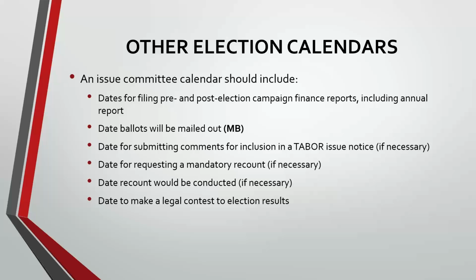And a lot of it is similar to what you would give to the candidates. The pre- and post-election campaign finance report deadlines, which are the same for candidates and committees, the date ballots are mailed out if you're doing a mail-out election, if it's a TABOR issue, the date for submitting comments, mandatory recount, the date you would conduct it, those kinds of things.